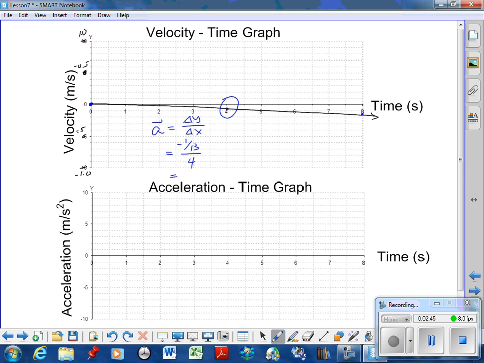And what you end up with there, 1/13 divided by 4, you get 1/52. That would be negative 1/52, which is approximately equal to negative 0.02.